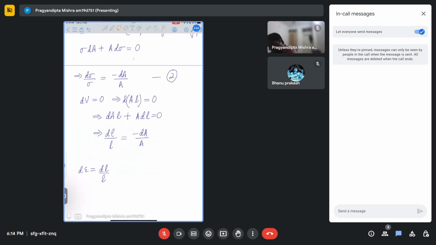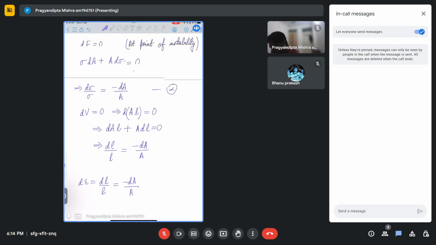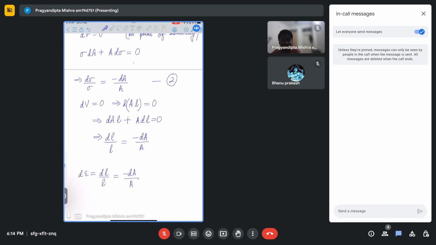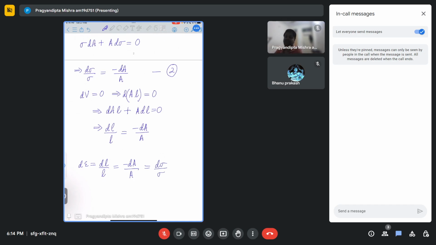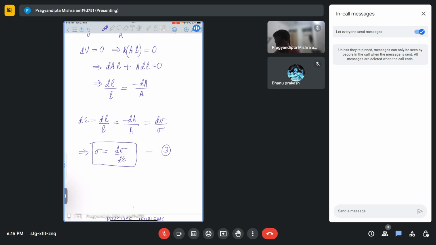Okay, so now if I come back to my d epsilon, it is equal to dL by L, which is equal to negative of dA by A. But from equation 2, we have already written that negative of dA by A is equal to d sigma by sigma, right? So if I use that, it will be d sigma by sigma. Or in other words, if I rearrange, I can write sigma is equal to d sigma by d epsilon. Right? So let's write this as equation number 3. So this is one relation.